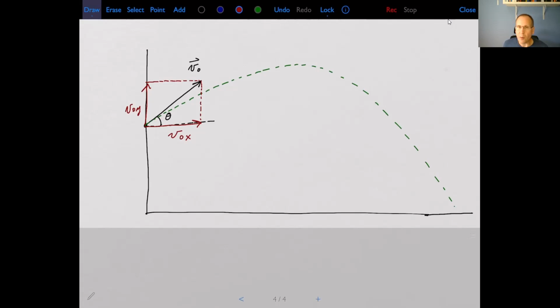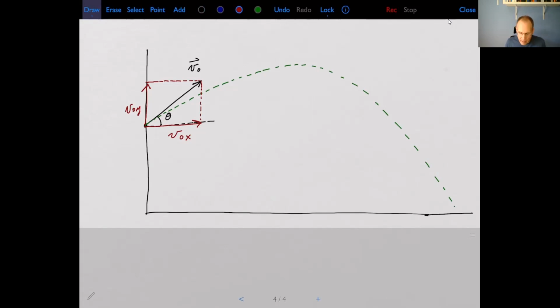If there's no force in the x direction, you'll learn this when you talk about Newton's second law, that means the acceleration in the x direction is 0. If the acceleration in the x direction is 0, what does that mean about the velocity in the x direction? Well, it must be constant, right? 0 acceleration means constant velocity.